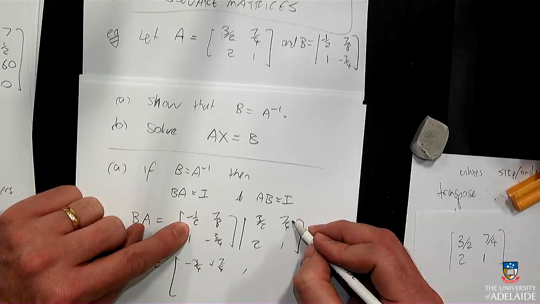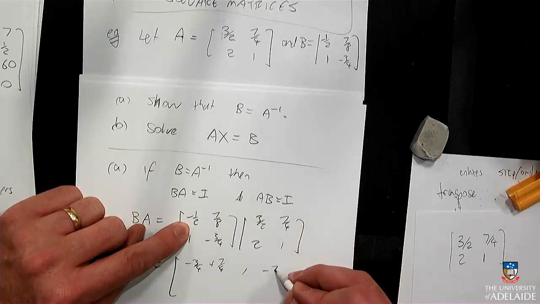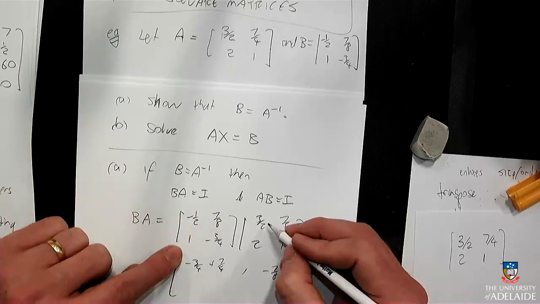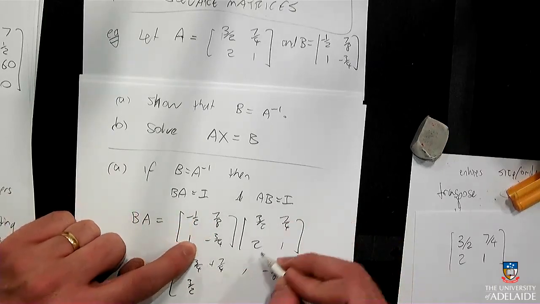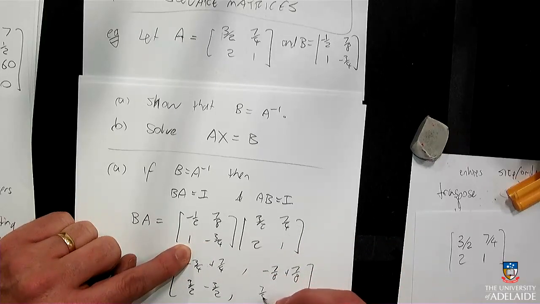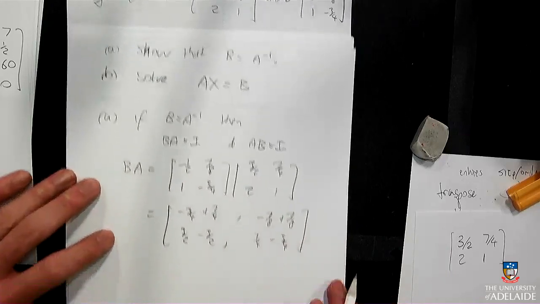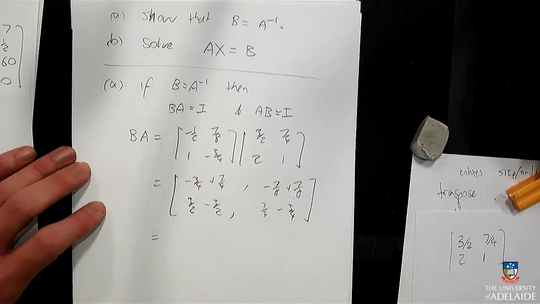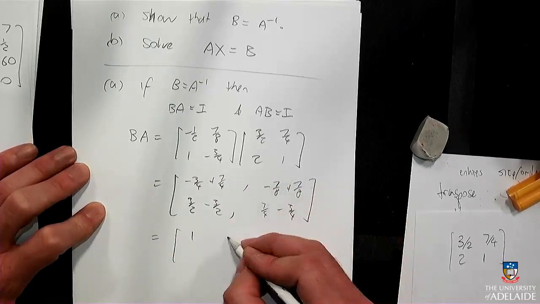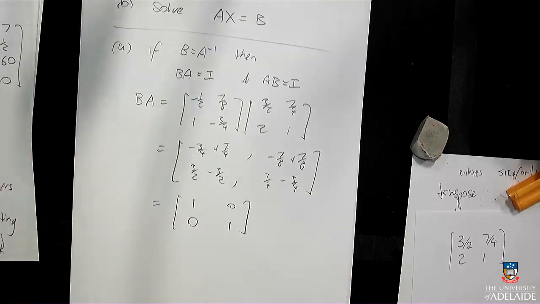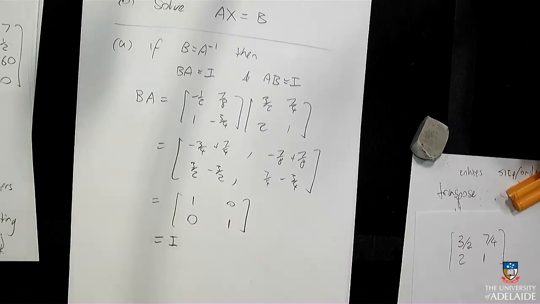Then minus a half times 7/4 is minus 7/8, and then we have plus 7/8. So we can already see it working. 3/2 and 2 times minus 3/4 is minus 3/2. 7/4 minus 3/4 is 4/4, which is 1. This is 0, this is 0, and this is 1. And so it worked. BA equals I, so that it matches the formula that I wrote.